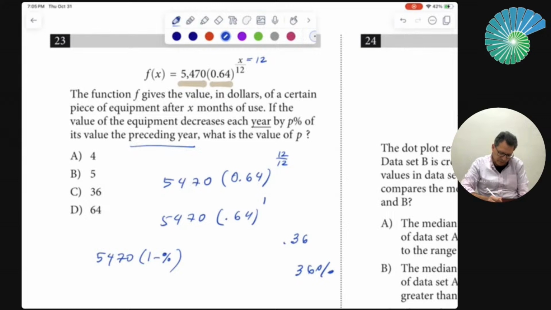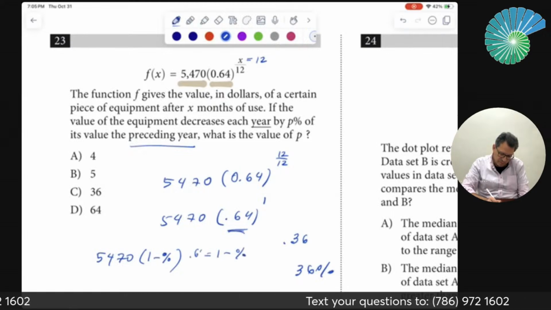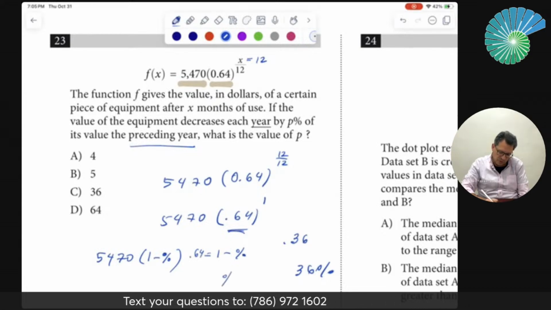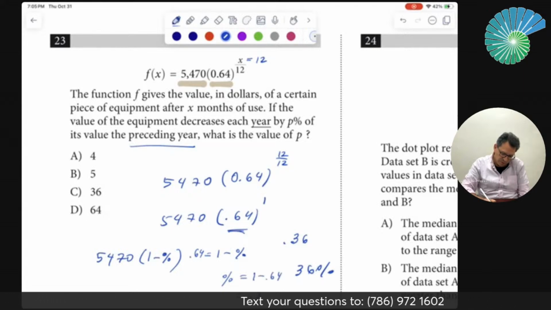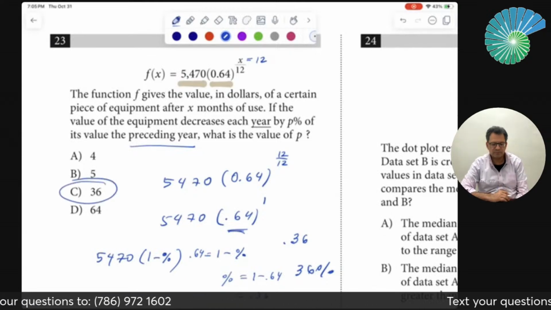So that means that this 0.64 is 1 minus that percent of decrease. And then when you solve that equation, that means that this percent is 1 minus 0.64, which is 0.36, which translates to 36%. And that's the answer to that question.